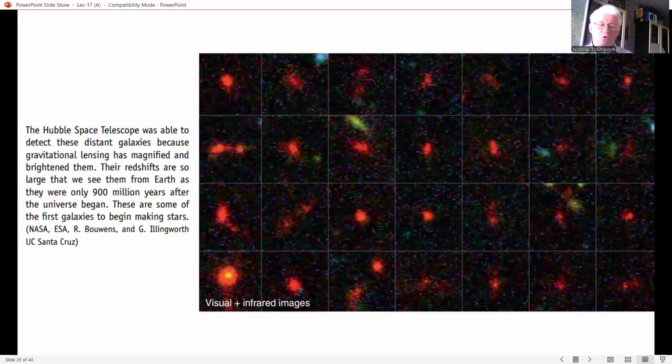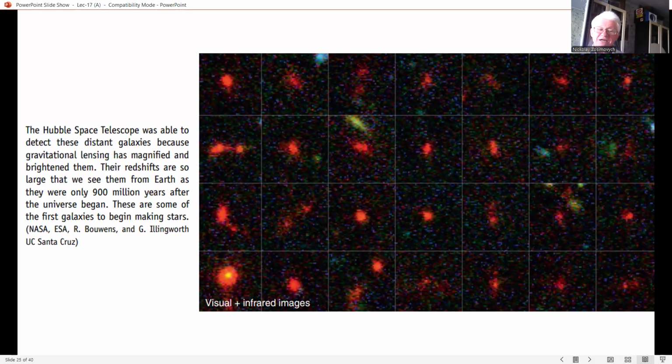One way to search for distant galaxies is to use gravitational lensing. When light from a very distant galaxy passes through a nearby cluster of galaxies, the lensing effect can focus the light from the distant galaxy, concentrate it, and make the galaxy look brighter.